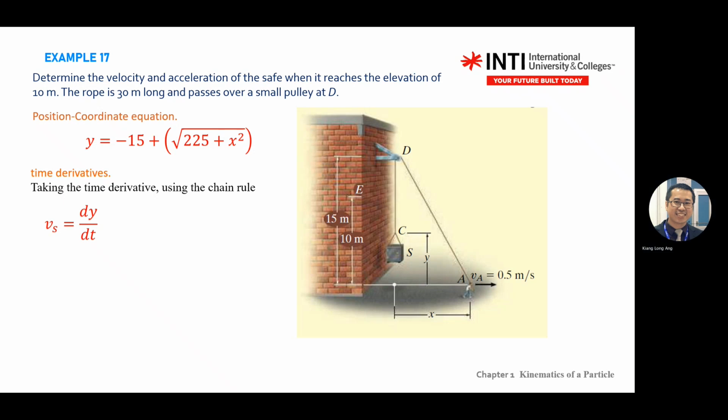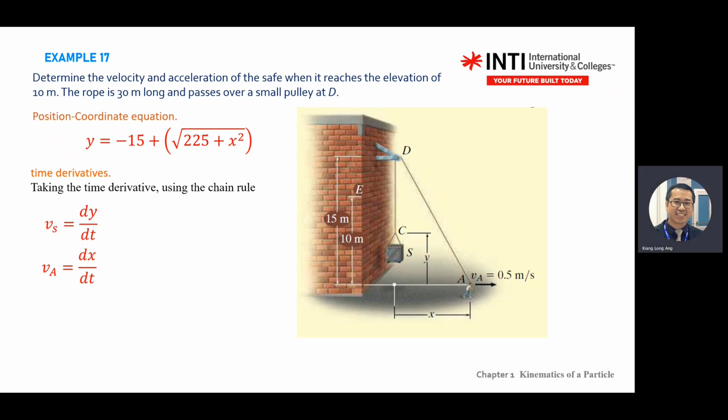So you have vertical speed and horizontal speed. If you differentiate the vertical, dy/dt, the speed, you differentiate this equation, and the velocity at A equals the time change of X direction.